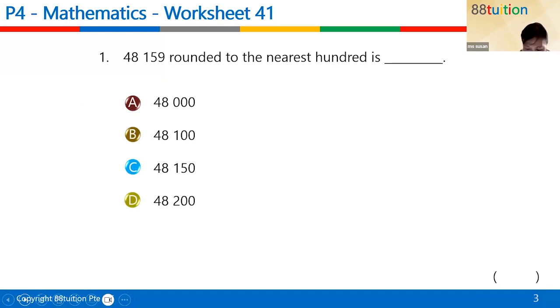First question is about rounding off. So for 48,159 rounded off to the nearest 100. Now, in the first place, 100 has 2 zeros. So this is a holding place we always mention. We must count the 2 zeros behind, okay? And then draw a line here.